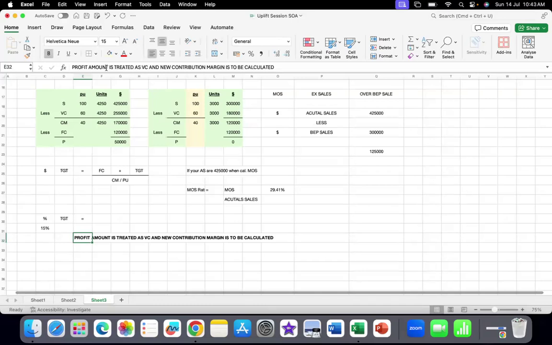So give it a try. Just try to concentrate on these words: profit amount is treated as variable cost. This is kind of an important line, and new contribution margin is calculated. If you want to, you can just give it a try.